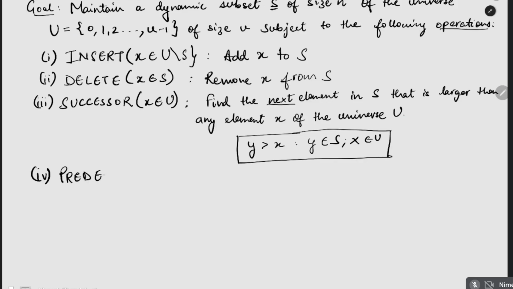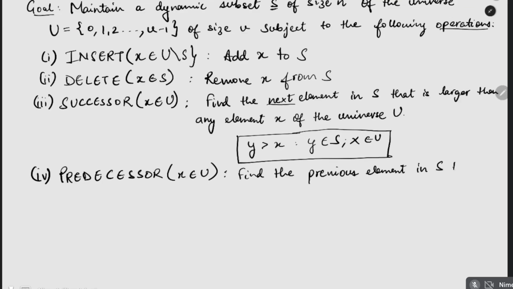And the fourth operation is the predecessor operation, where for any element in the universe set, we find the previous element in S that is smaller than X. So basically, we are trying to find Y that is less than X, where Y is in the subset and X is in the universal set.